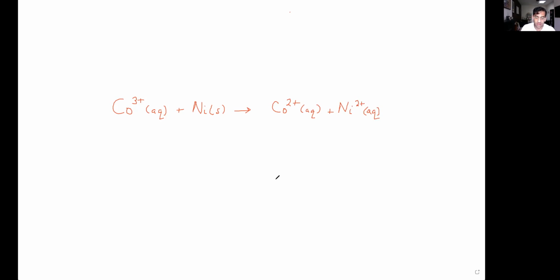Okay, and so if I'm saying oxidation, what I mean at that point is an increase in charge. That increase is brought about by the loss of electrons.